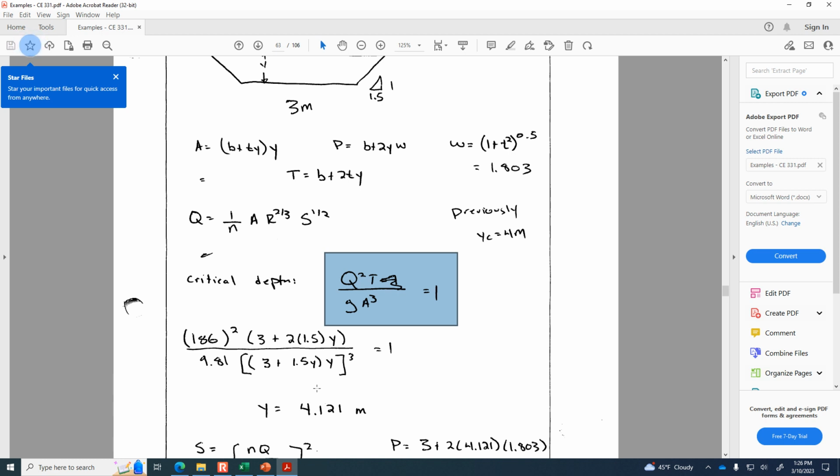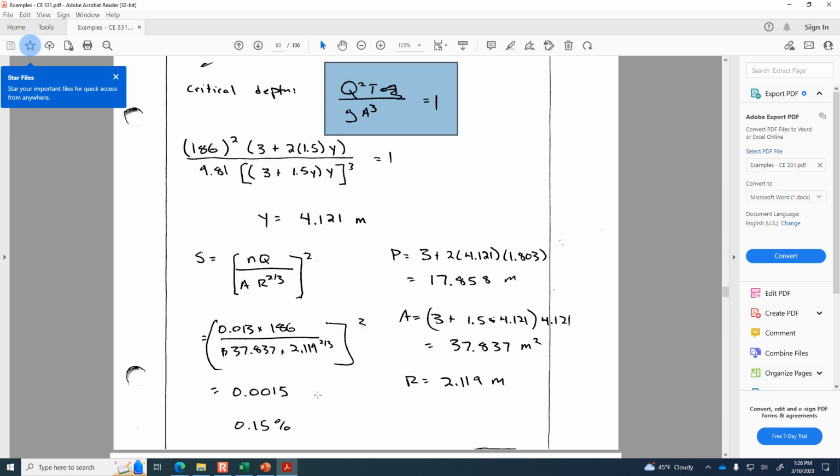The only unknown is what slope causes that depth when you've got a certain flow rate and a certain roughness. And so the slope that we're going for is 0.15%. So if you want to induce the critical depth, then you'd have to have a slope of 0.15%.